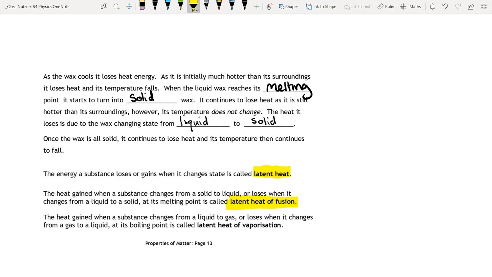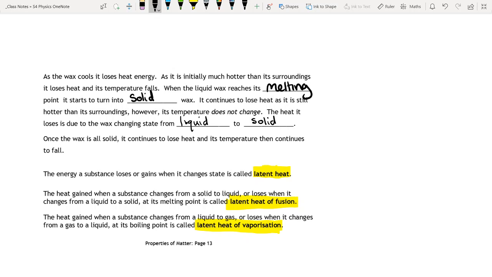So, solid to liquid, liquid to solid, latent heat of fusion. These are important because you will need to be able to use these in questions in the future. And the heat gained when a substance changes from liquid to gas, or lost when it changes from gas to a liquid, at its boiling point is called the latent heat of vaporization.